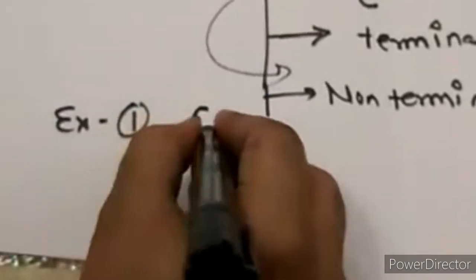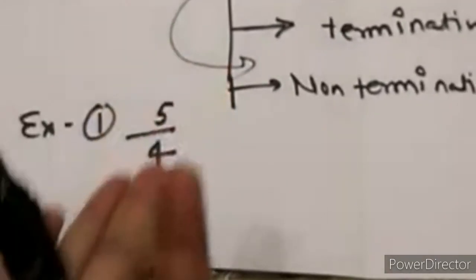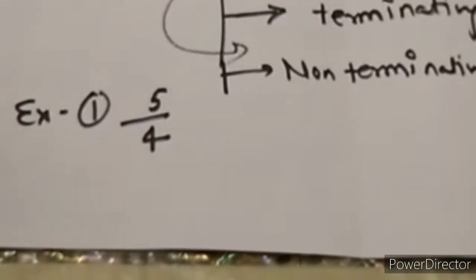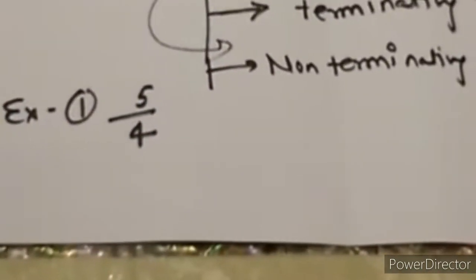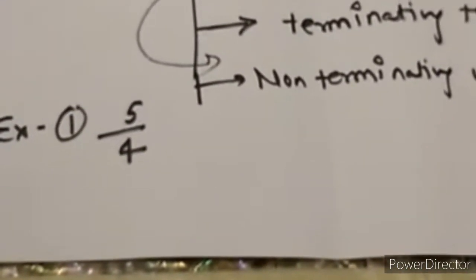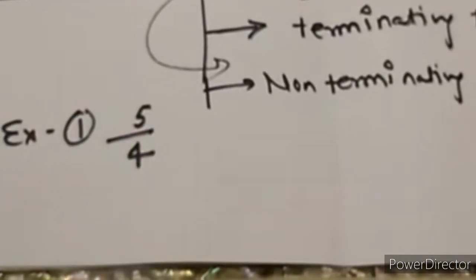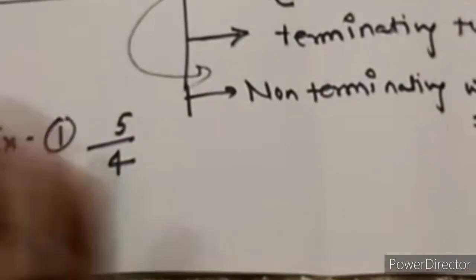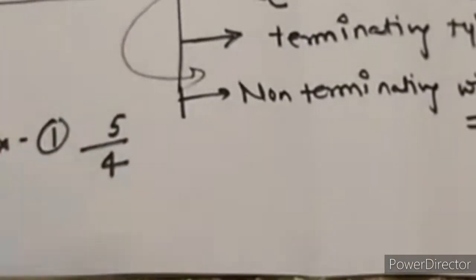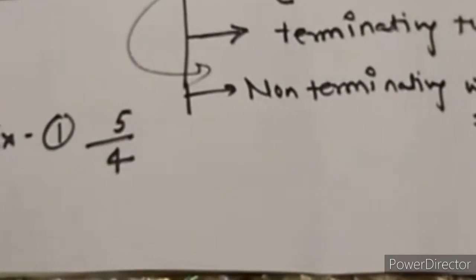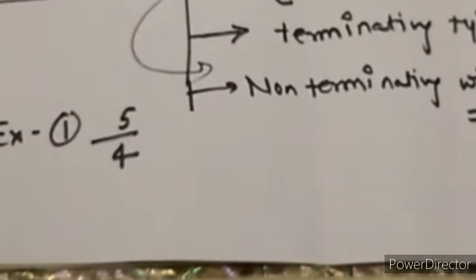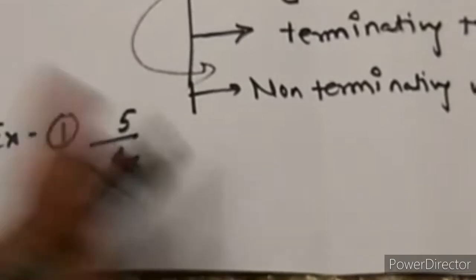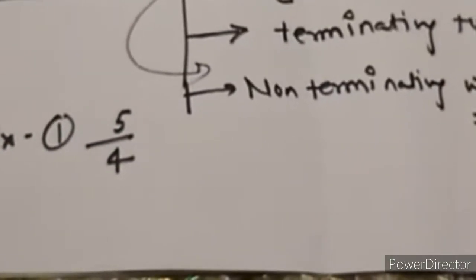For example, your number is 5 by 4. Are these co-prime numbers? Definitely 5 and 4 are co-prime, because there is no common factor between them except 1. So are these rational numbers? They might be, because q is not equal to 0. They are integers, they are co-prime. But how to be certain whether the given number is a rational number or not?